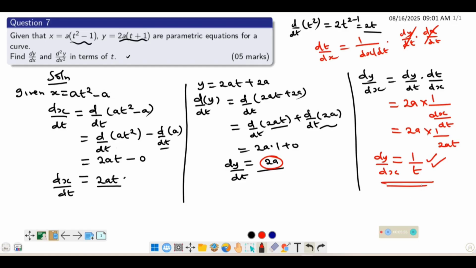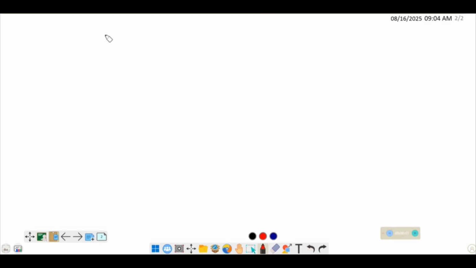So let us look at d2y/dx squared. d2y/dx squared is obtained by differentiating dy/dx with respect to t, then you multiply by dt/dx.